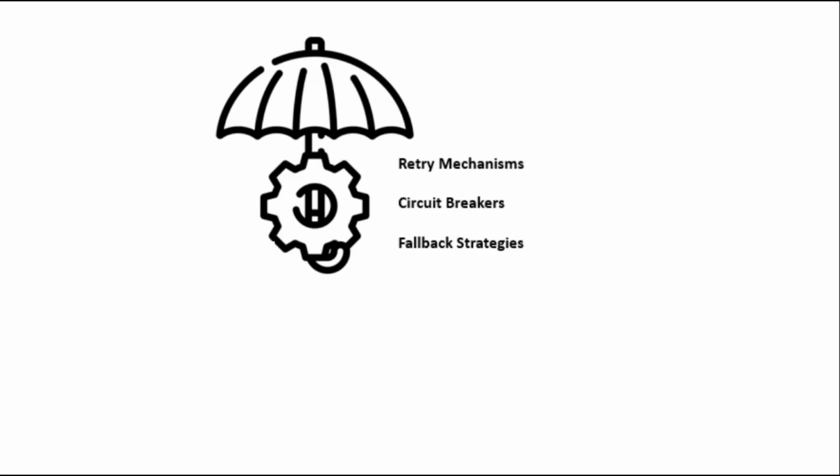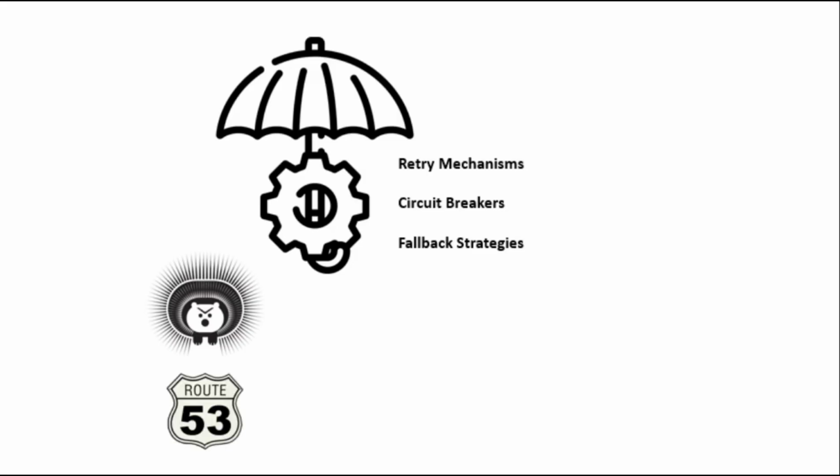And fallback strategies: predefined approaches that ensure continued operation by switching to alternative resources or methods when primary systems fail. Tools like Hystrix or cloud services such as AWS Route 53 health checks help ensure continuity.